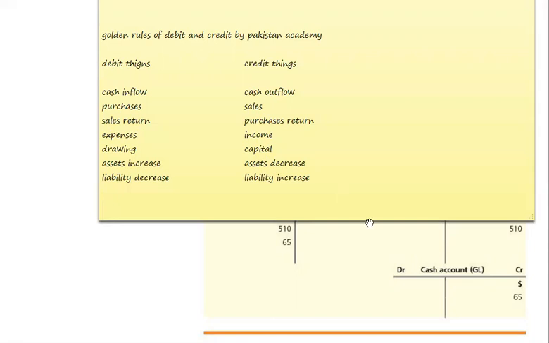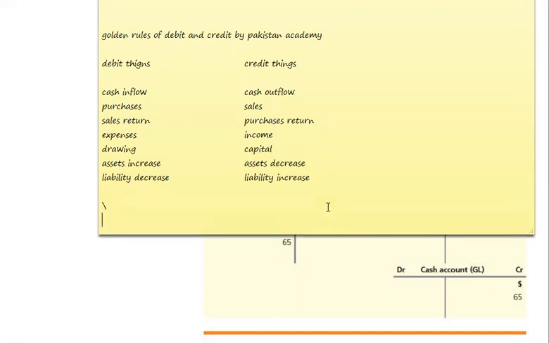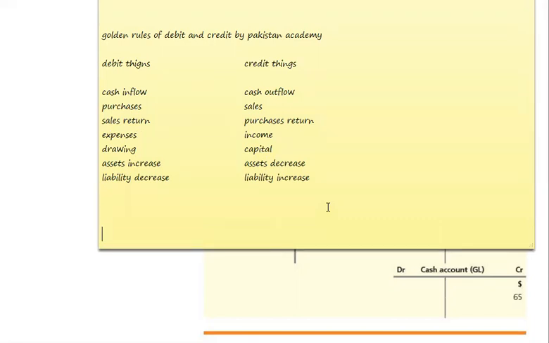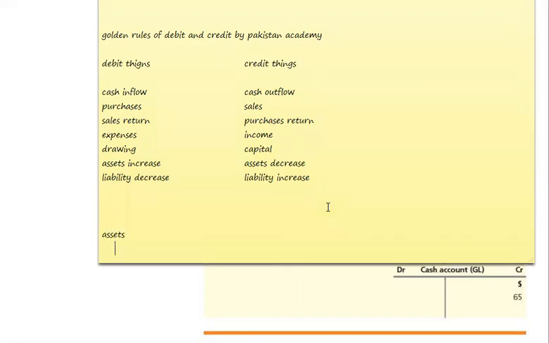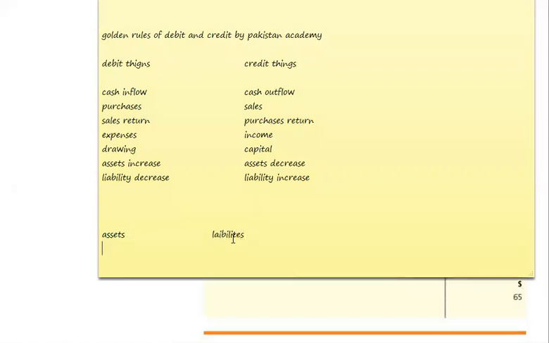Now here is one important thing I'm going to tell you: the list of assets and liabilities.